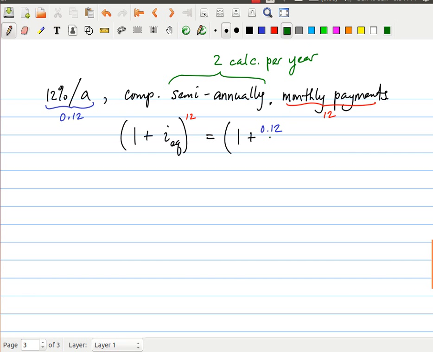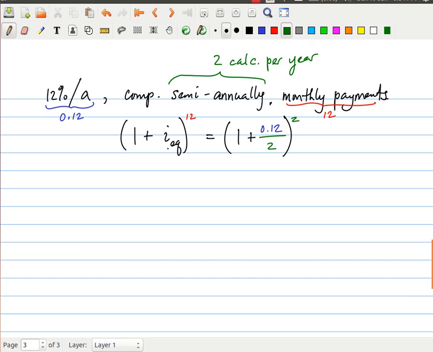So 2 calculations per year means I take this value, 0.12, and I divide it by 2. And it also means that I raise this side to the exponent 2. So hopefully that's clear enough to you, the color coding, where those different values are coming from.